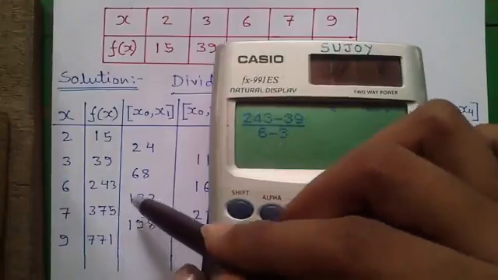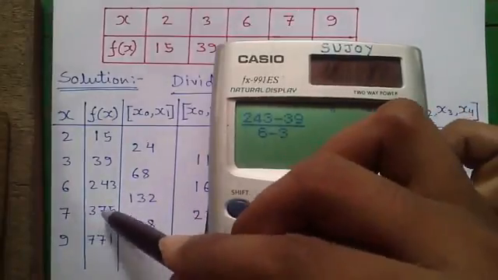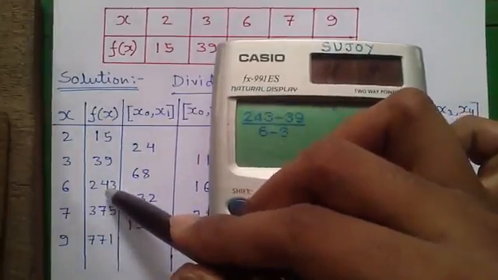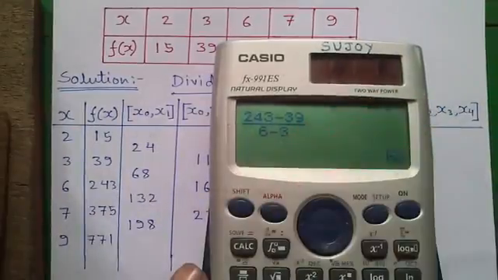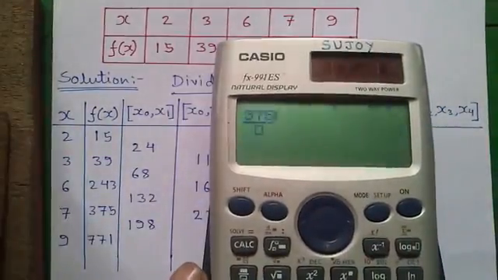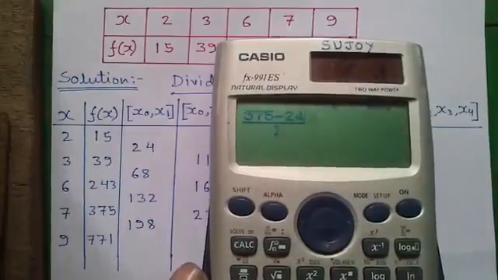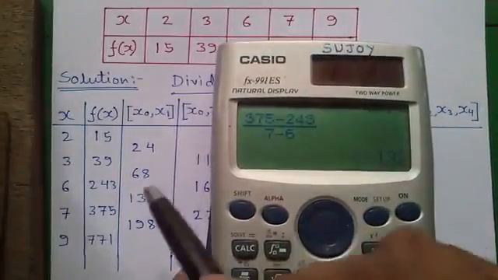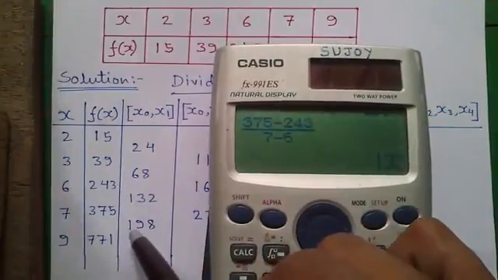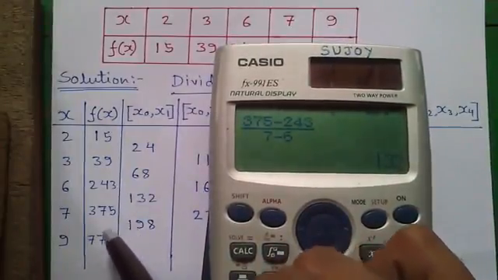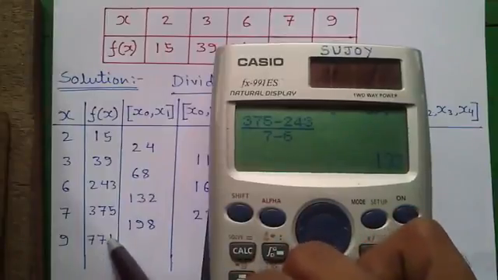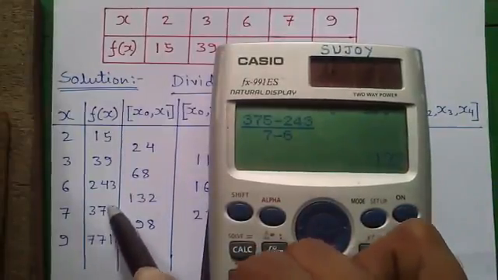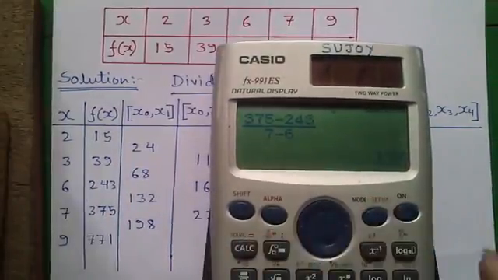Similarly, this number can be obtained by 375 minus 243 divided by 7 minus 6. That is 132. Similarly, this number can be obtained by 771 minus 375 divided by 9 minus 7.